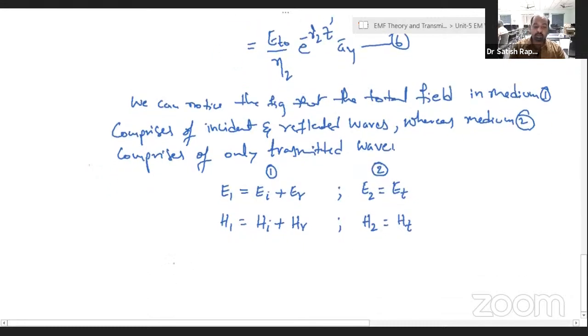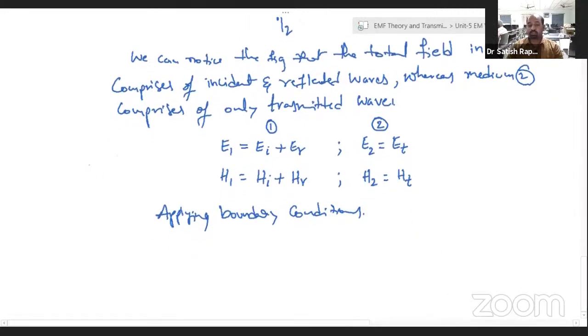So now here, applying boundary conditions. In fact, I have not discussed the boundary conditions yet, so later I will discuss them, if time permits.